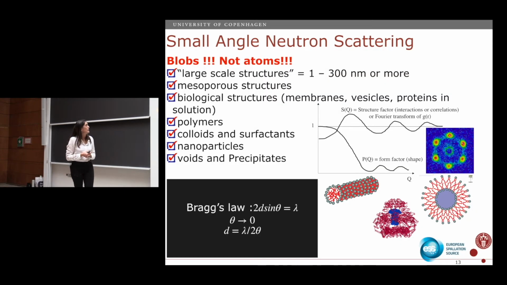Then another way of doing diffraction is when we do small angle neutron scattering or small angle X-ray scattering, small angle scattering. Don't tell the people that do small angle scattering that I call what they do, they measure blobs, right? They measure things that are big. But still, Bragg's law is valid here. It's diffraction. It's just that instead of Bragg's law, we are going to a small angle, so we have this approximation.